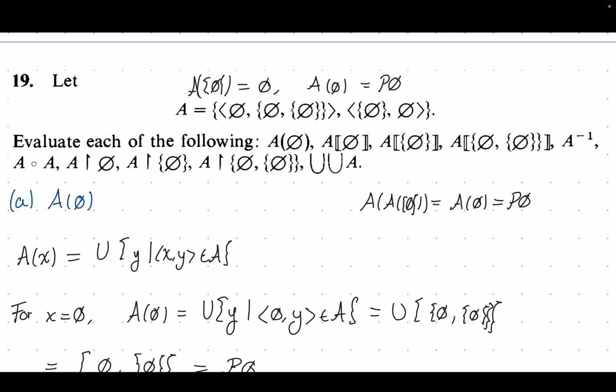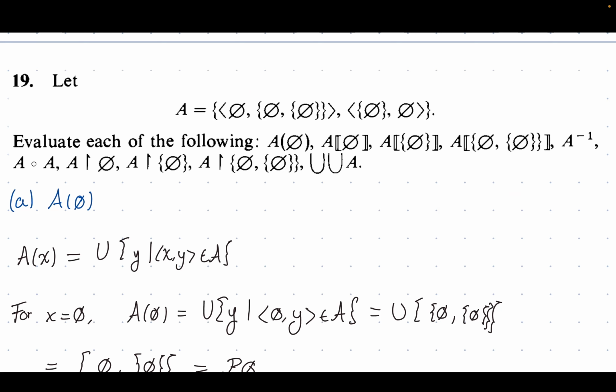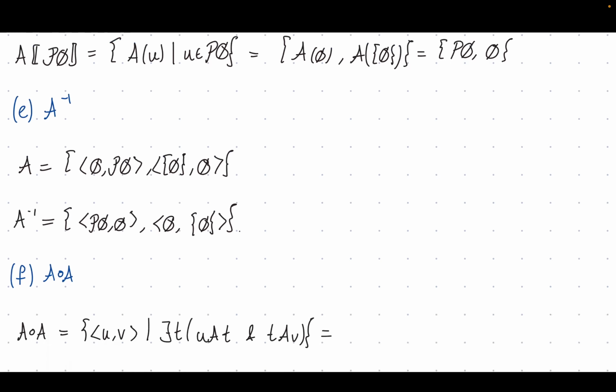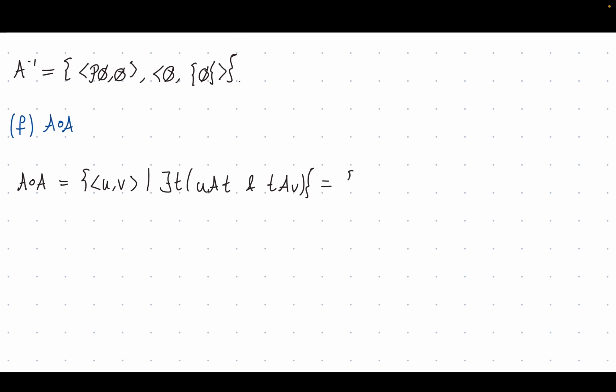So that is the only thing we can find that would match that. So there you go. It's going to be set containing empty set, comma, power set of empty set. And there you go. That is the composition of A with A.